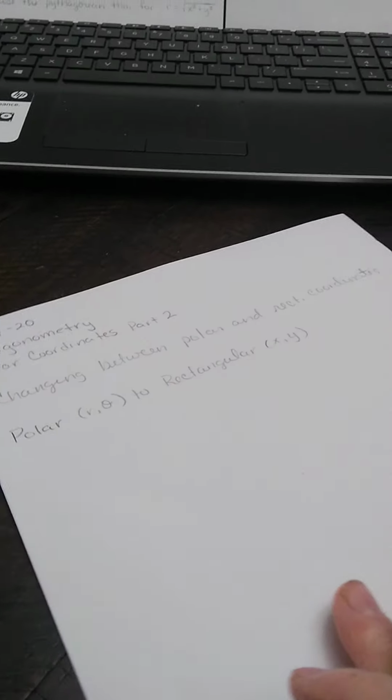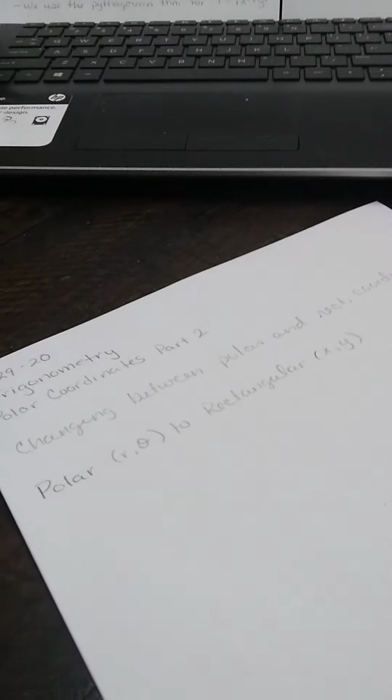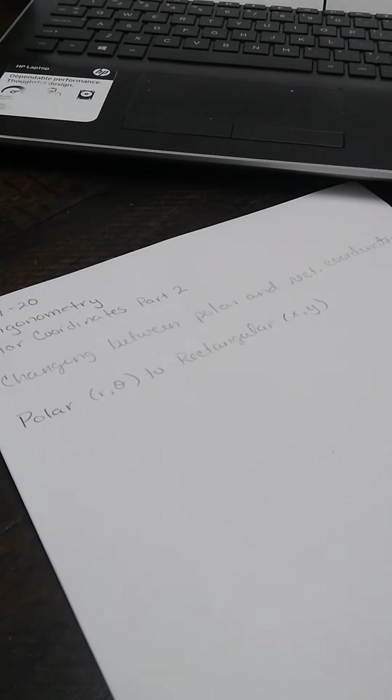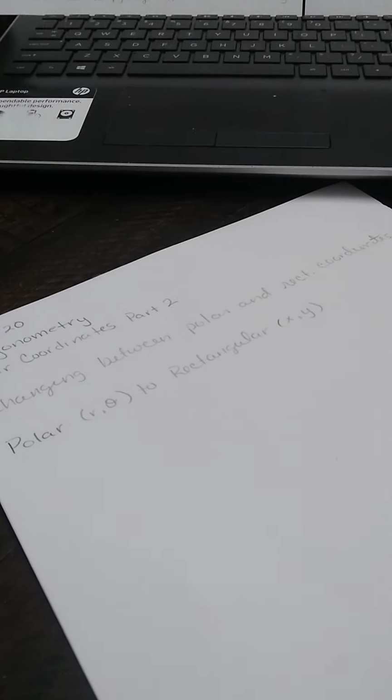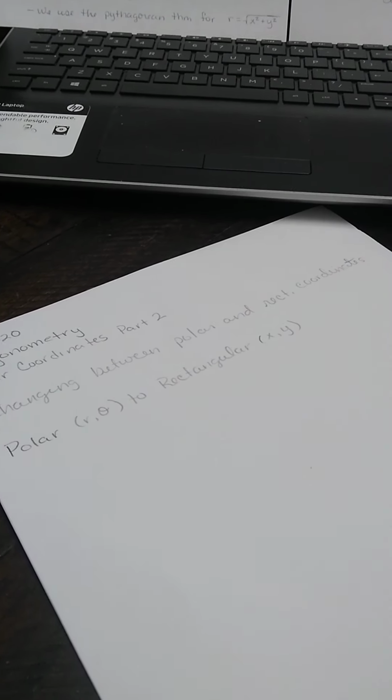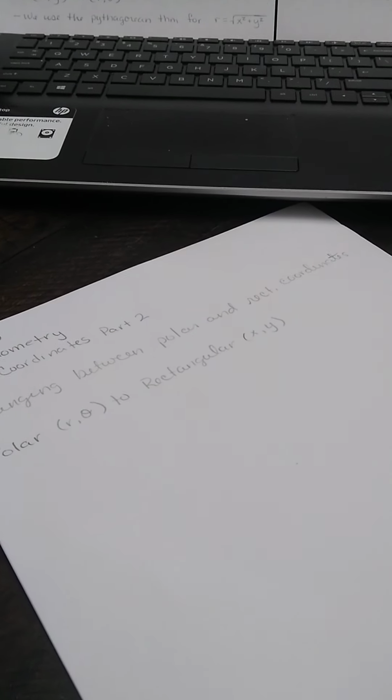Okay, so from polar to rectangular is actually pretty easy. We're just going to use our unit circle. Remember, on our unit circle, cosine is the x coordinate, and sine is the y coordinate. Okay, so let me get a piece of scratch paper.